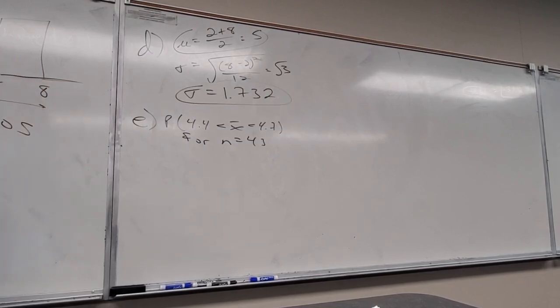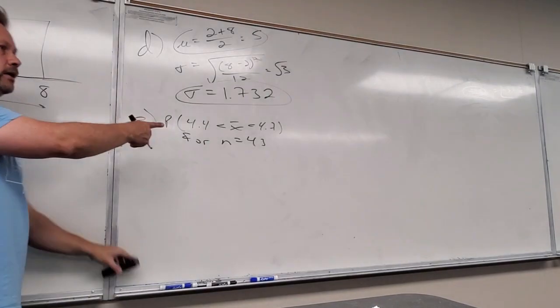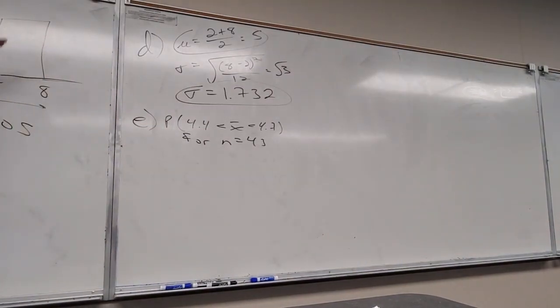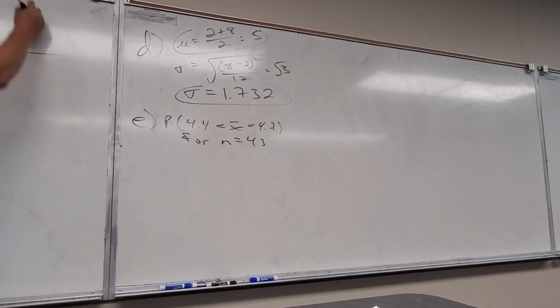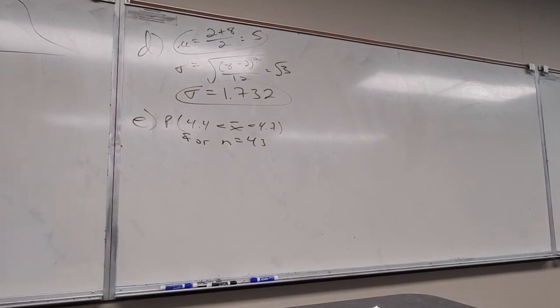Because n is bigger than 30. So part E now says that's nice for individuals. If I take samples of size 43, it's now normal. What goes in the middle? 5. And I want to know from 4.4 to 4.7, correct? I want to know that area. Let me stop for a minute.